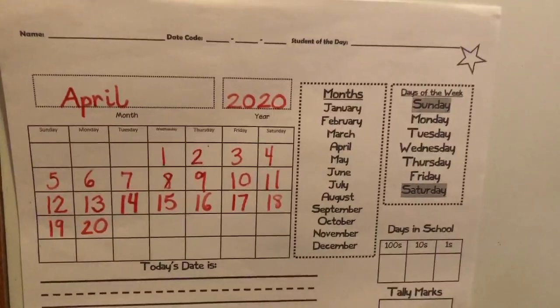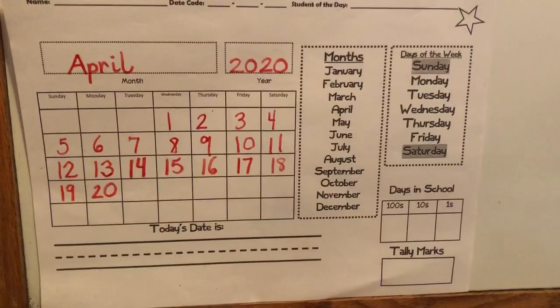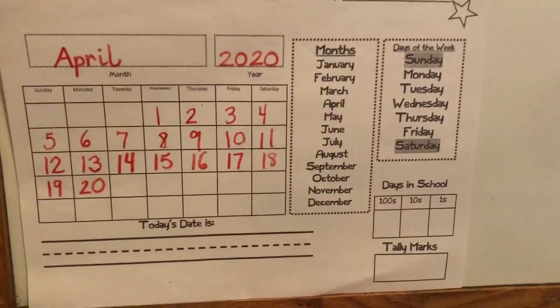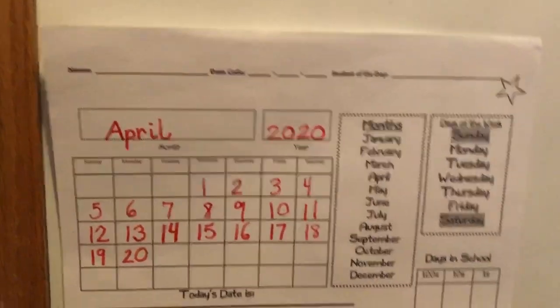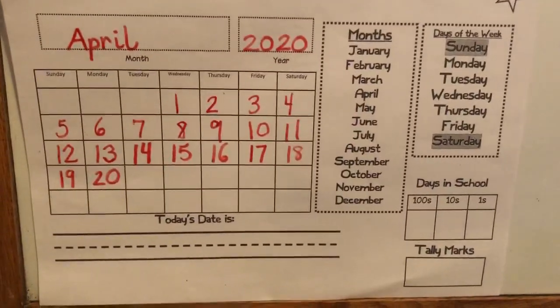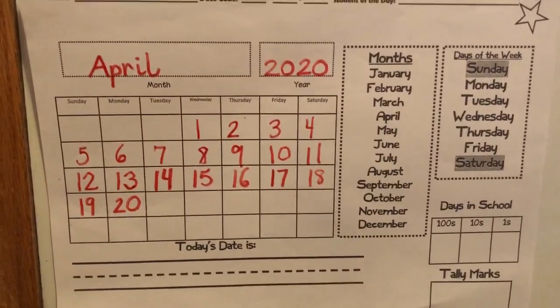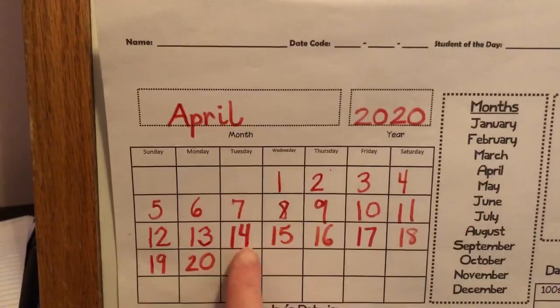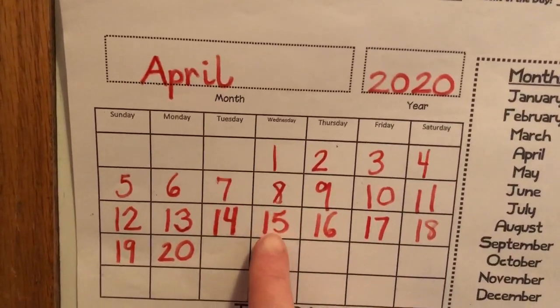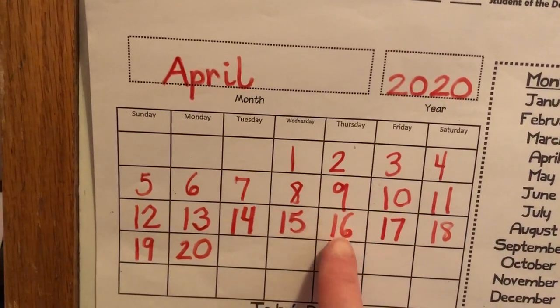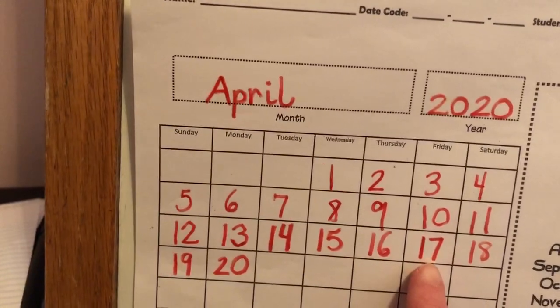All right. So we have been in school. Does anyone remember? Okay, so last Tuesday, I told you that we had been in school for 144 days. Let's count and see how many days we've been in school. 145, 146, 147.